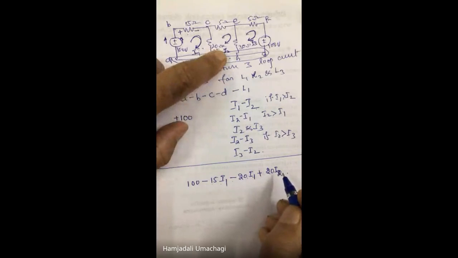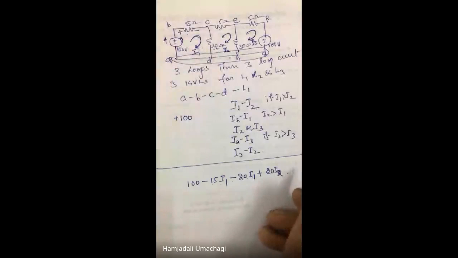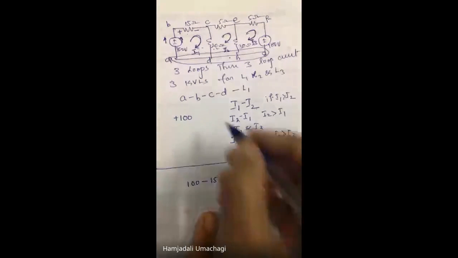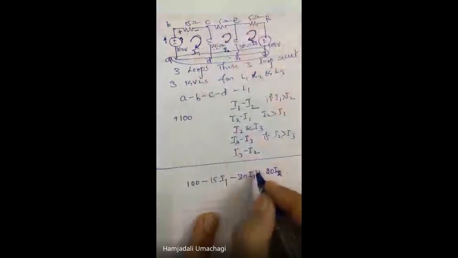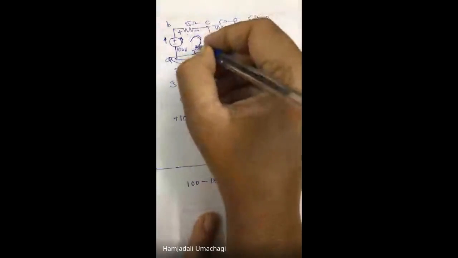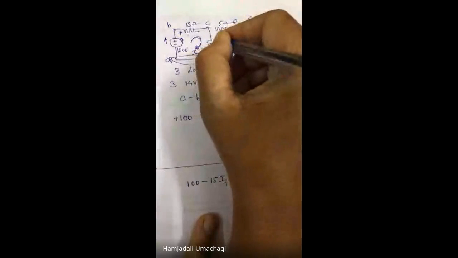This is because the 20 ohm is a common branch, or common element, between the first loop and the second loop. So this drop is due to current I1, whereas this drop is due to current I2.